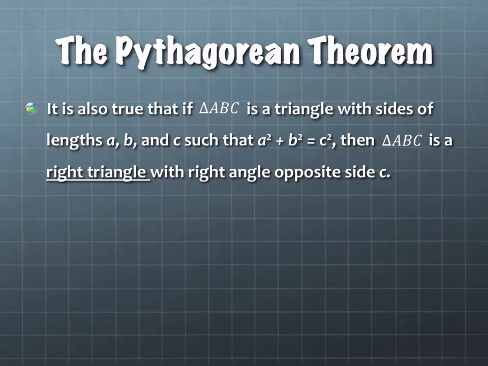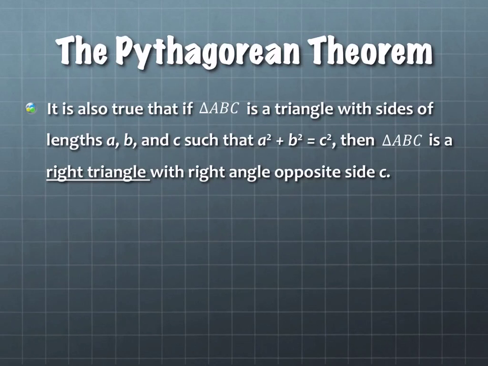Okay? All right. What this is actually is the converse to the Pythagorean theorem. It means that it's the Pythagorean theorem backwards. It says, if a triangle has side lengths a, b, and c, where a squared plus b squared equals c squared, then in fact it is a right triangle. It's the same as the Pythagorean theorem, but the if and the then are switched.